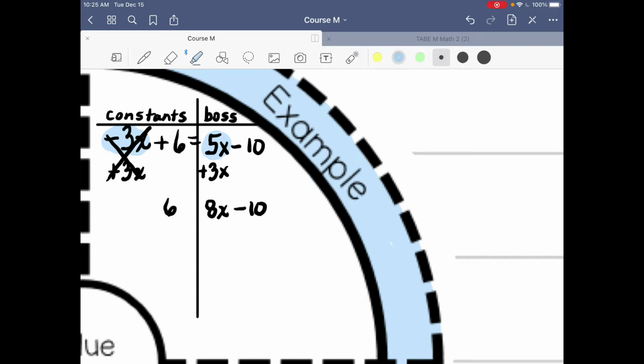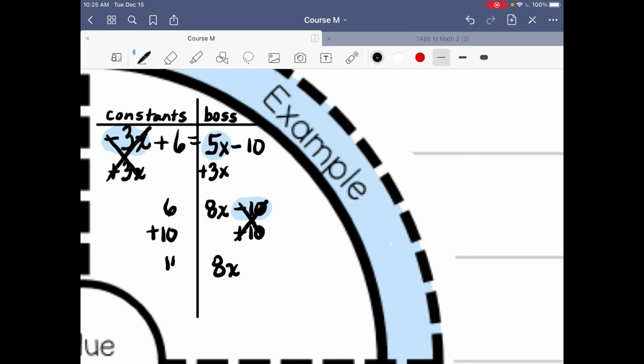Okay, ask yourself what needs to move. Well, we need to get this negative 10 over here with the constants. So we're going to move that with its opposite, which is a plus 10. Cancel and copy.